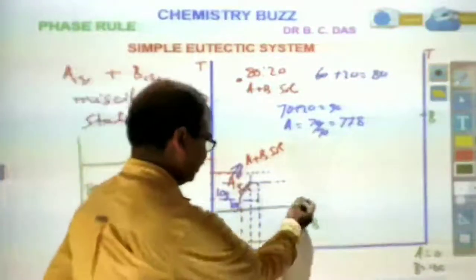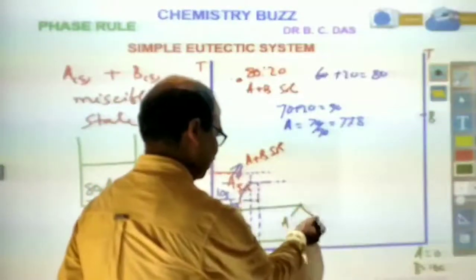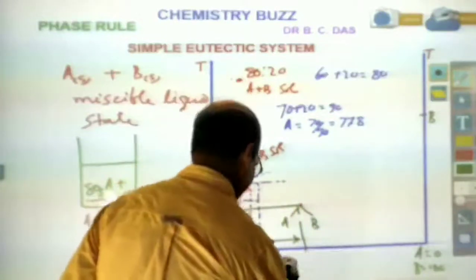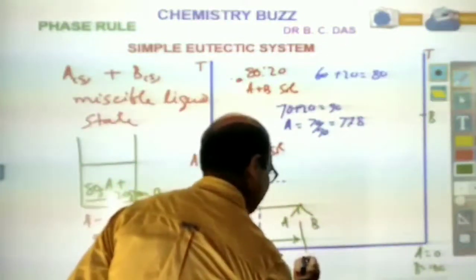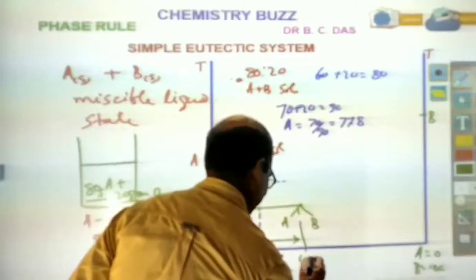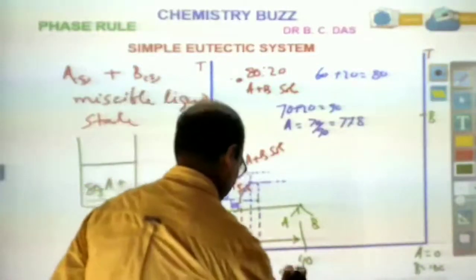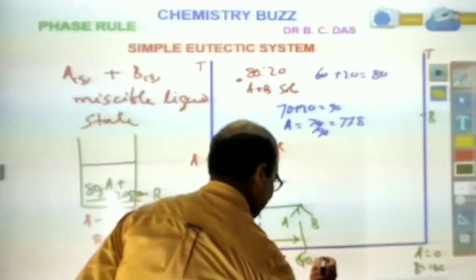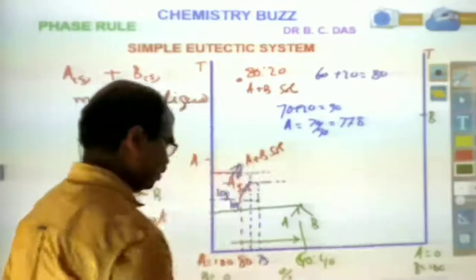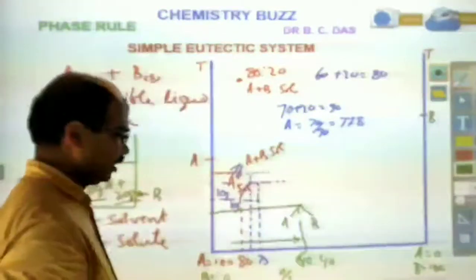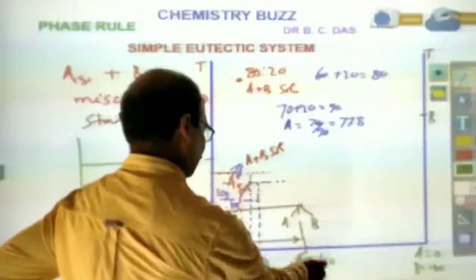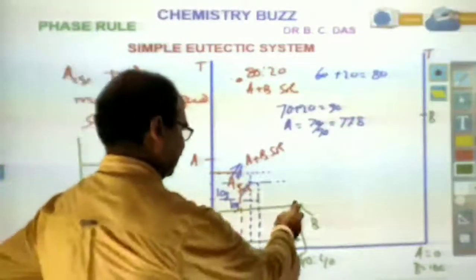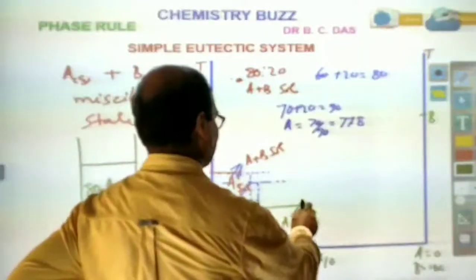This is the minimum temperature, and this composition corresponds to somewhat 60 to 40. So at a composition of 60:40, A and B both get separated from the mixture, and the temperature remains constant.